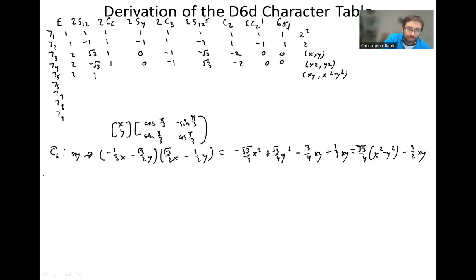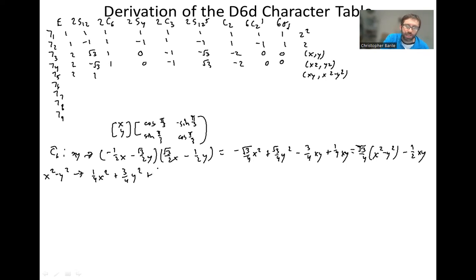Okay, so then we do the same thing for x squared minus y squared, just like we did before. We're squaring this term. This is the x component. It's giving us 1/4 x squared plus 3/4 y squared. And then we have the two cross terms to think about.